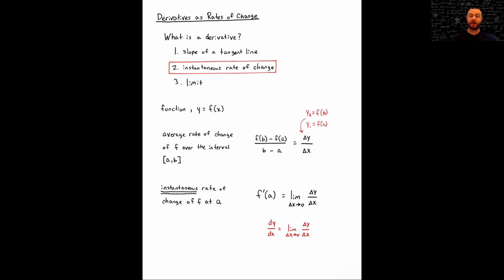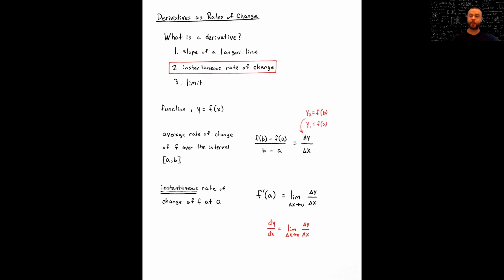It's the limit as the width between those x values becomes really small, but it's the limit of your average rate of change, delta y over delta x. So delta y over delta x above is an average rate of change. The limit of delta y over delta x as delta x approaches 0, that is a derivative, what we interpret as an instantaneous rate of change of that function.